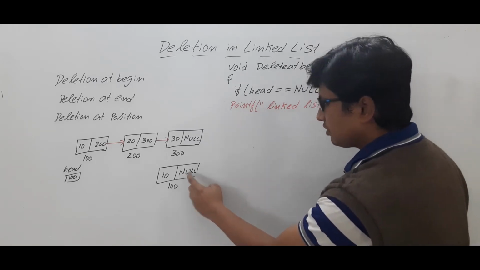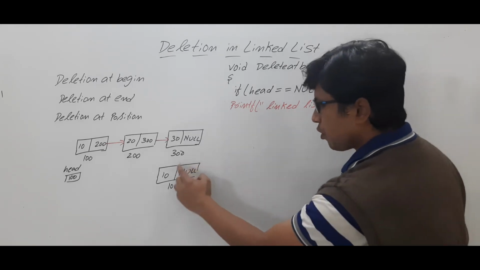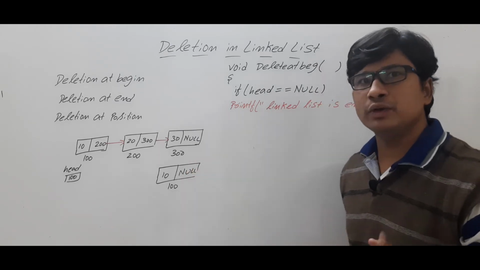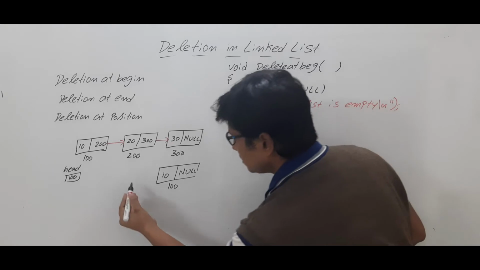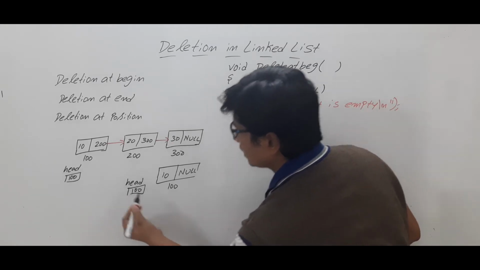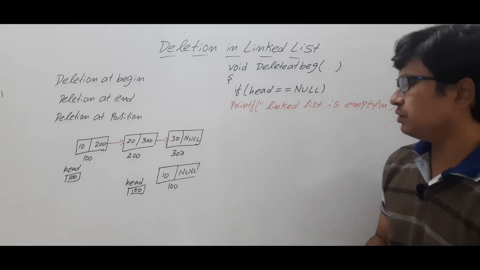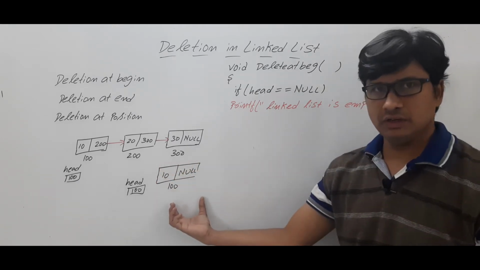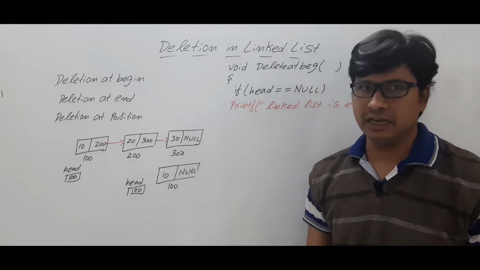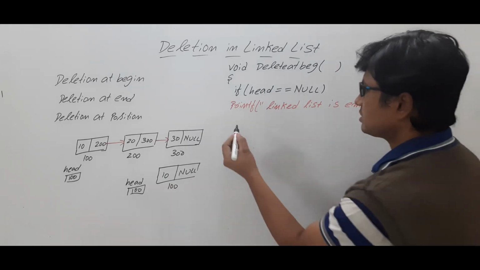After this there is no node, so we assign this pointer to null. This null pointer is not pointing to any address location. Then in this case head will have the address 100. In that scenario, if you delete this node from the beginning, the linked list is empty. Am I right or wrong? So let me discuss that scenario.